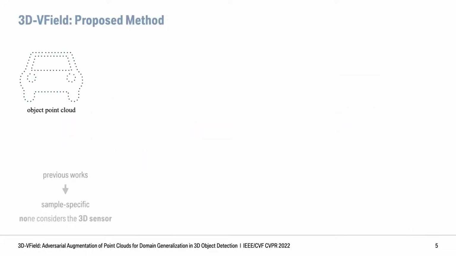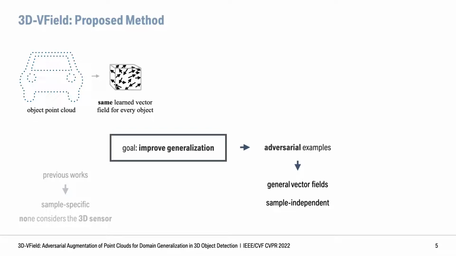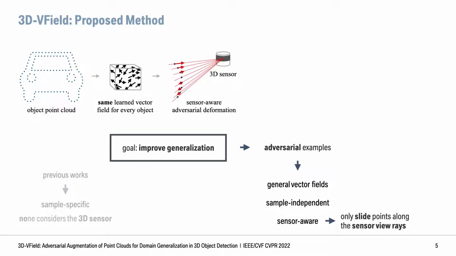Our method is different. Our goal is improving generalization. We do so by first generating adversarial examples via general vector fields, which make ours sample independent. Our deformations are also sensor aware, as we only slide points along the sensor view rays.